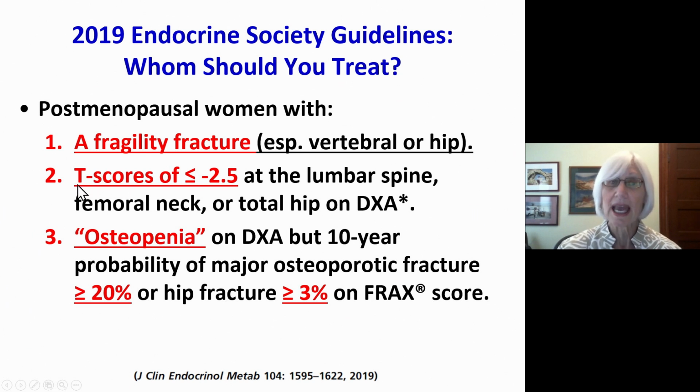Number 2, any postmenopausal woman who has T-scores of less than or equal to -2.5 at any site on a DEXA. And number 3, like our patient, someone who doesn't meet criteria by fracture or DEXA criteria, but has osteopenia with a high 10-year probability of major osteoporotic fracture over 20% or a hip fracture of 3% or more on the FRAX score.